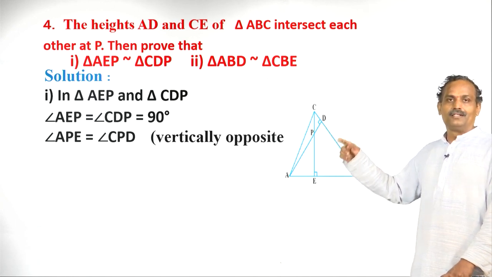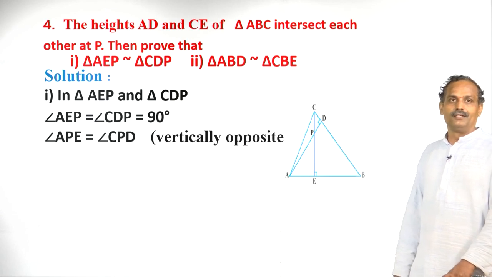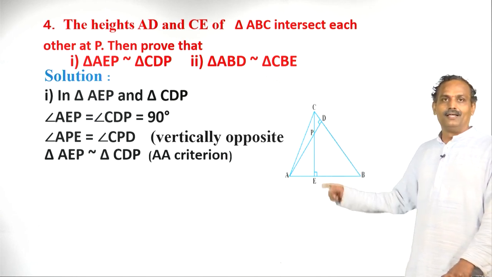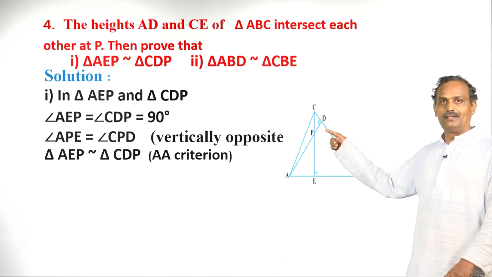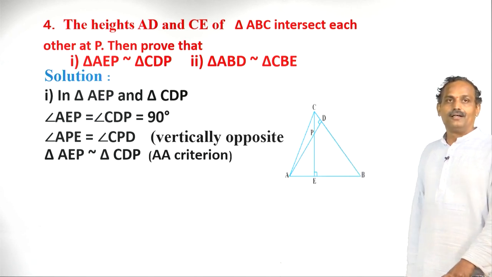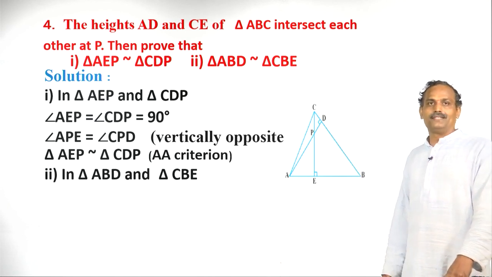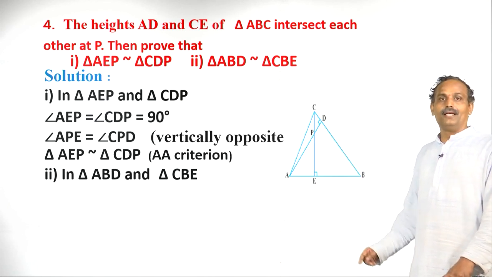Therefore, from the AA criterion, we can conclude that these two triangles, triangle APE and triangle CPD, are similar.